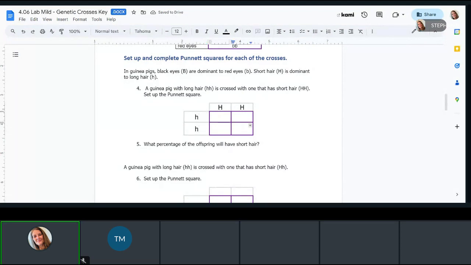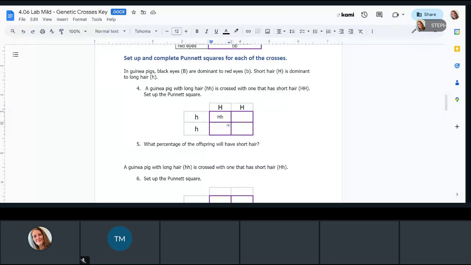Okay, see how we did that? And then we just pull the genes from each parent across and across. So if this parent gives an H and this parent gives an H, that's what we get. See how we're doing that?